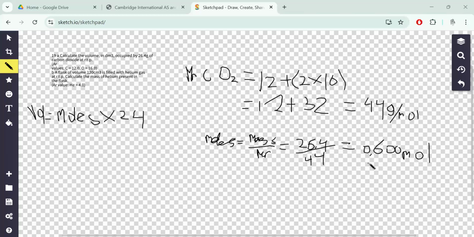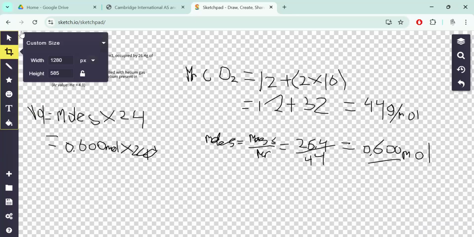So this is the number of moles after we calculate. Okay. So for the volume here, we're going to write down the number of moles. So the number of moles is 0.600 mole. So this is the unit for moles. And then we're going to times by 24. 24, it's like the concentration, I'm going to actually do this.